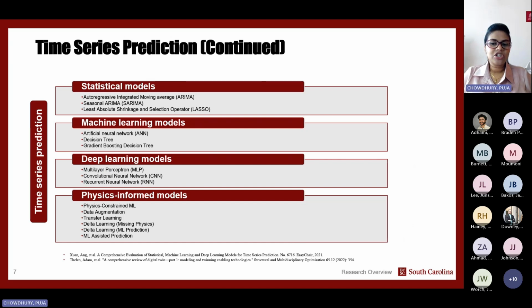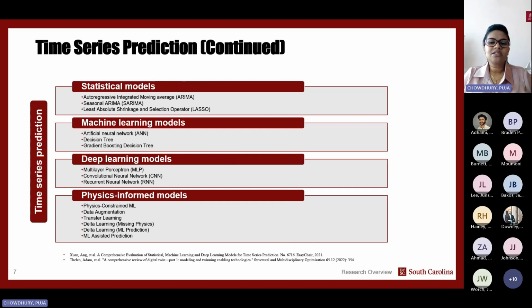For time series prediction, there are several approaches in the research community, like statistical models. Some examples of these models are ARIMA, SARIMA, and LASSO. In machine learning models, ANN, decision tree, and gradient boosting are some examples. In the case of deep learning models, the most renowned are MLP, CNN, and RNN.